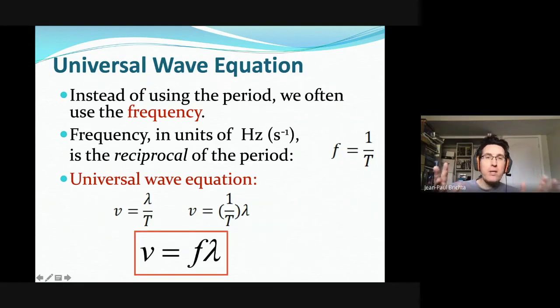This is the universal wave equation. Speed equals frequency times wavelength, or v equals f lambda, if you prefer. Okay, if I didn't mention it, sorry, this is a Greek letter here. It kind of looks like an upside down y, and the way that you say it is lambda. Okay, that's the way that you say that letter.